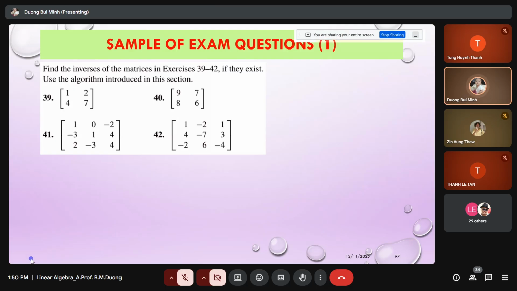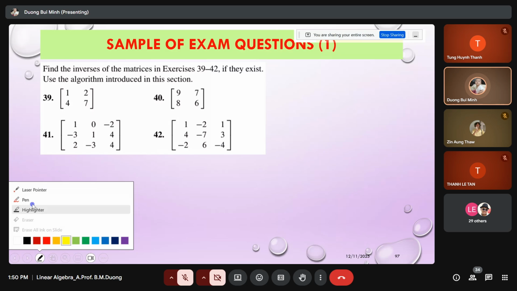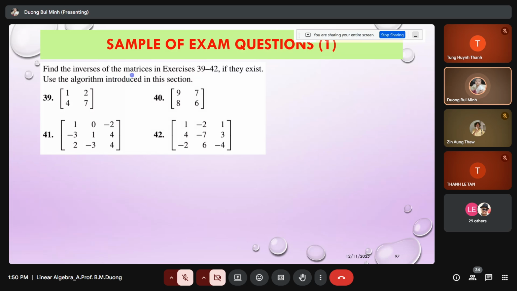For the exams, I will ask you questions like this. Find the inverse of the matrices, if they exist. Of course, this is a square matrix, this is a square matrix, this is a square matrix, this is also a square matrix.